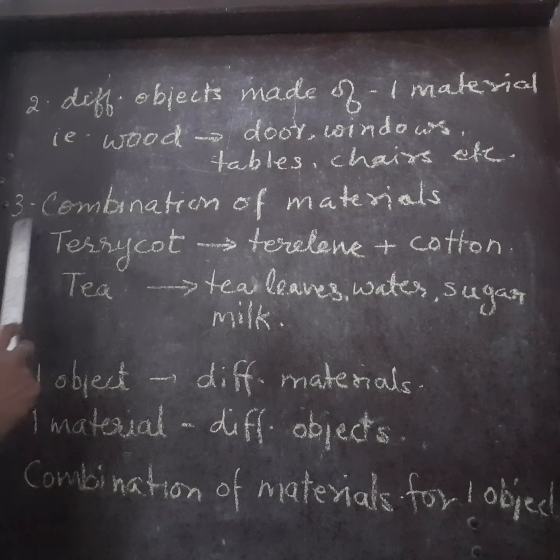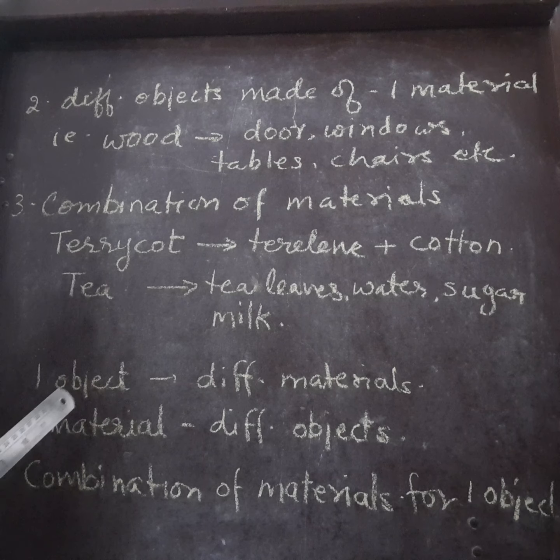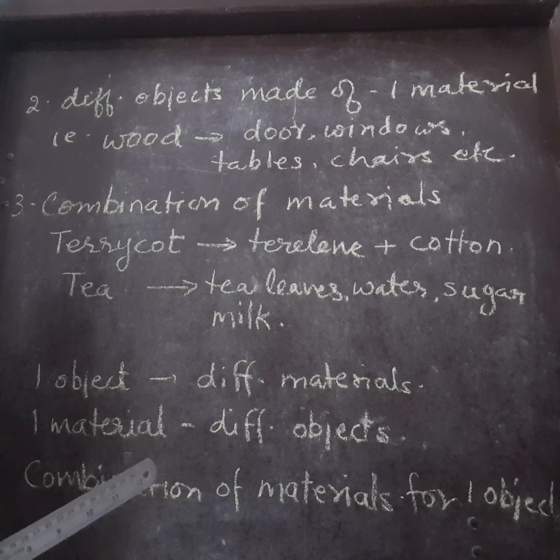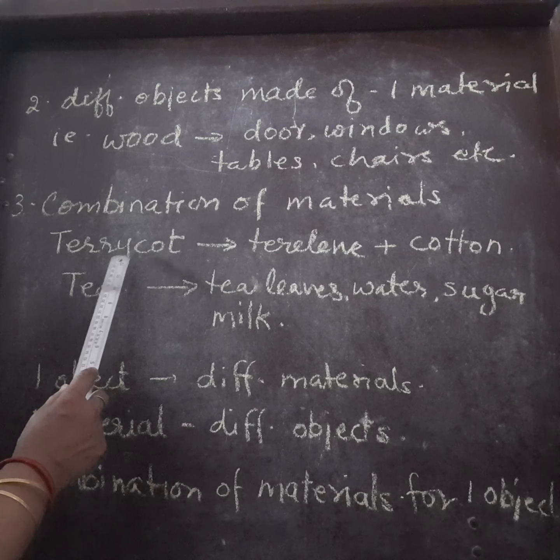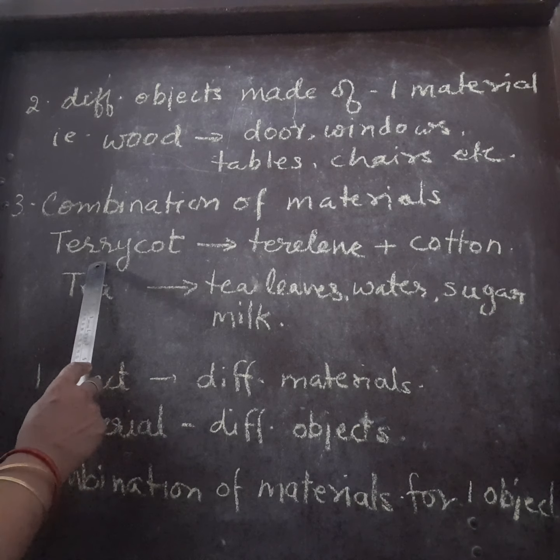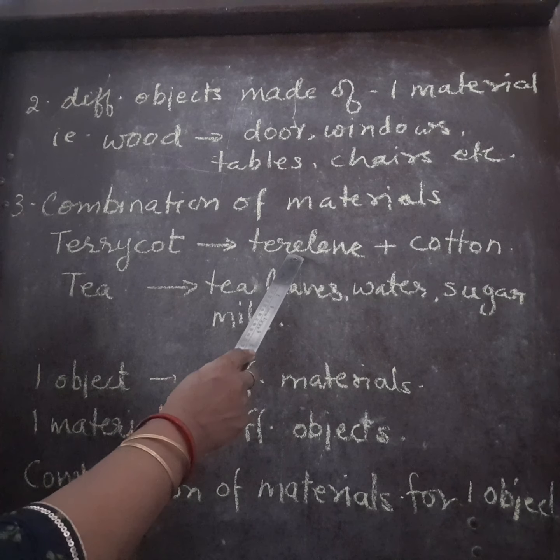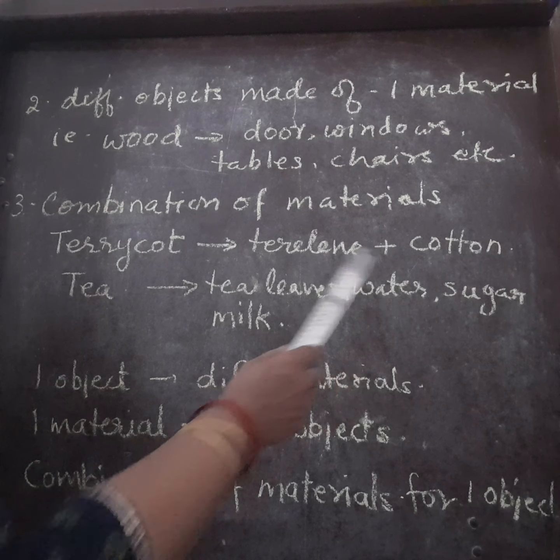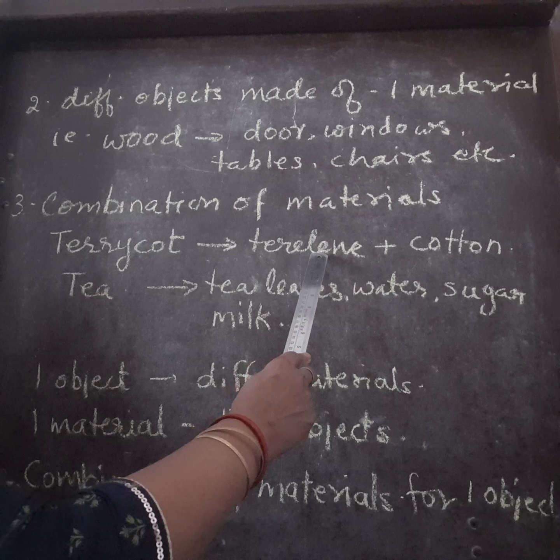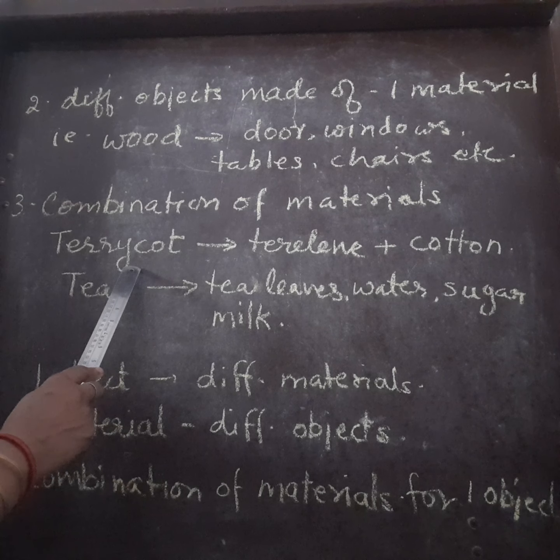Now third is combination of materials, means two or more than two materials are used to make an object. So one example here I am giving you, terricot. It is a combination of terylene and cotton. Terylene is a synthetic fiber, whereas cotton is a natural fiber. When synthetic fiber is blended with cotton fiber, then we get terricot.